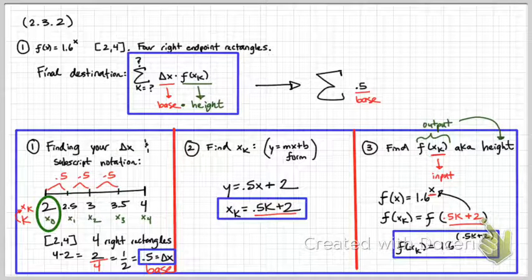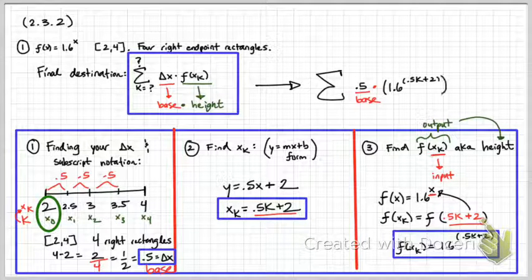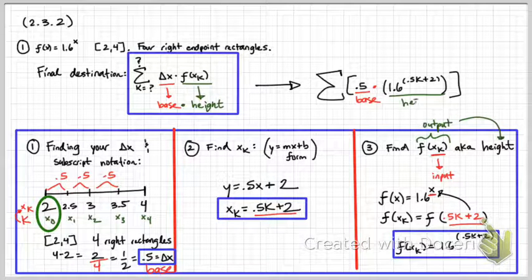And then I'm going to multiply it by my height, and my height is, I'm going to leave this all in parentheses, 1.6 to the 0.5k plus 2. This would be like the whole thing. So you see I'm creating a separate structure for this height. All of this is my height, because this is my f of x of k. All of this represents my height. Plugging that in. And once I have that, now I need to find my limits.